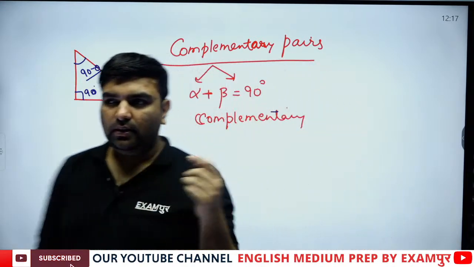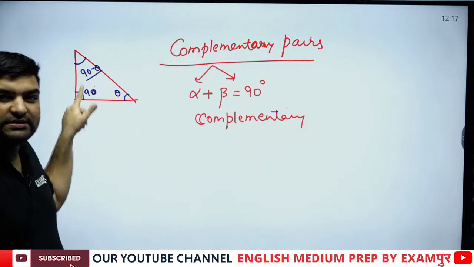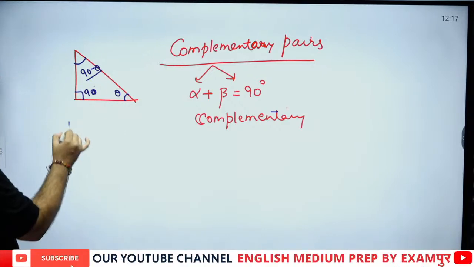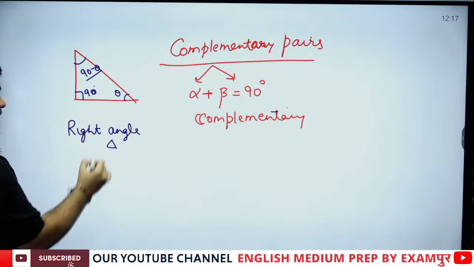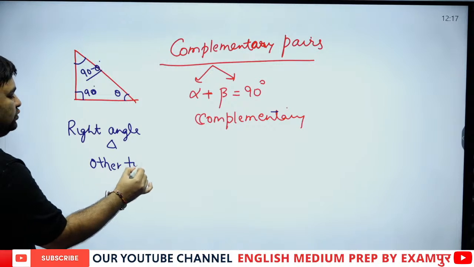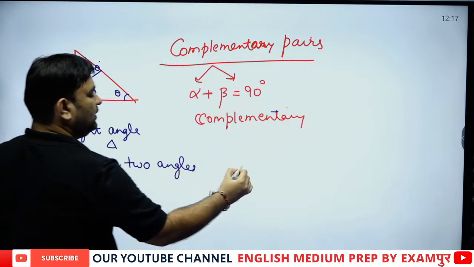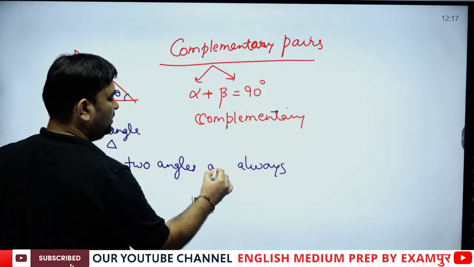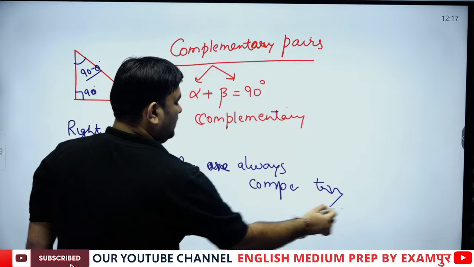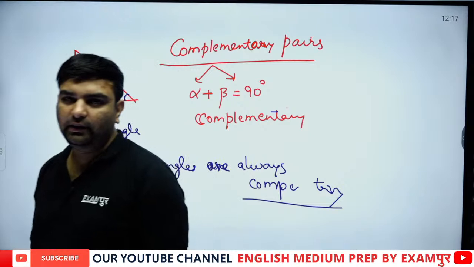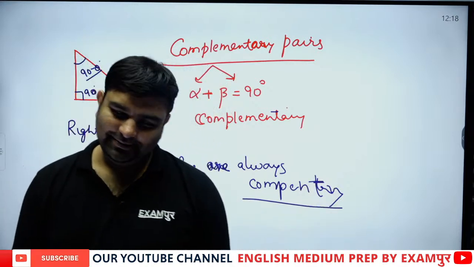Luckily, in a right angle triangle, other than this 90, both are always complementary, because the sum of the triangle becomes 180. Other two means apart from 90 degrees, the other two angles are always complementary.